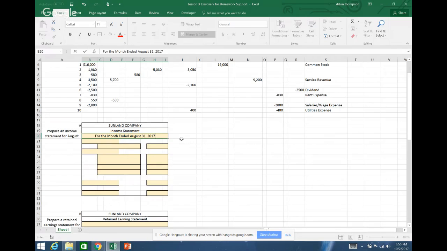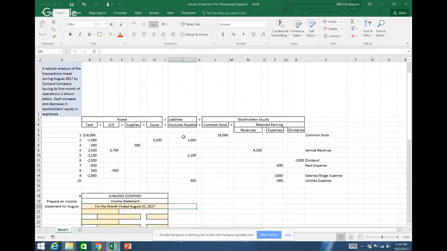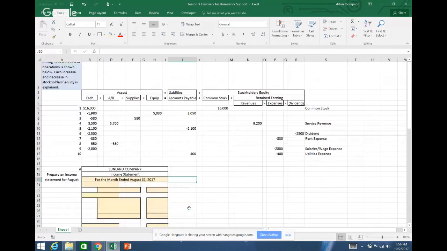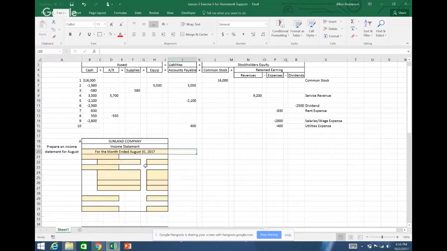And you can find this date in this first portion of the question. It says during August 2017, and it doesn't say end of the year, so that's how we know it's for the month ended August.